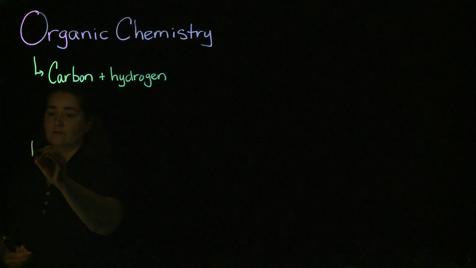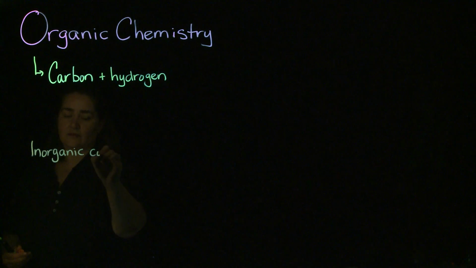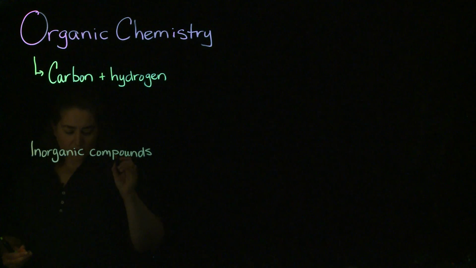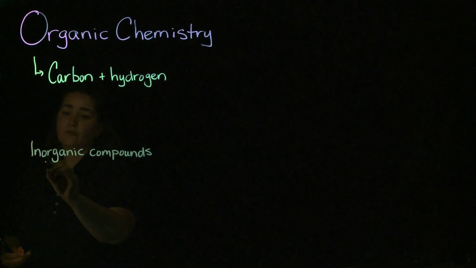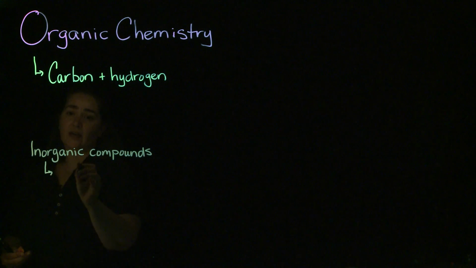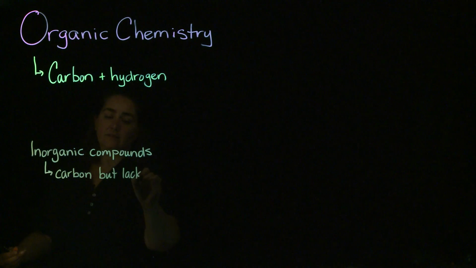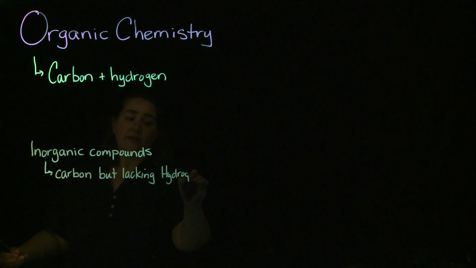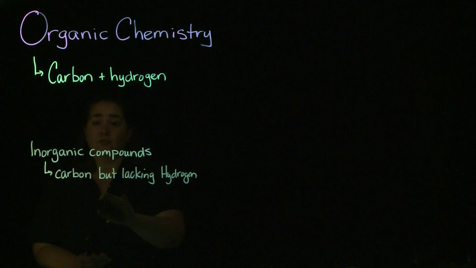Inorganic compounds are going to be a little bit different, all right? For inorganic compounds, you may have a carbon, but you're lacking a hydrogen. Okay, that's going to be what differentiates something that's organic versus inorganic.